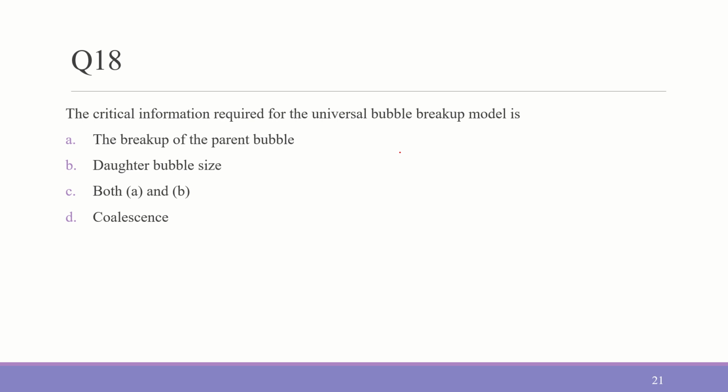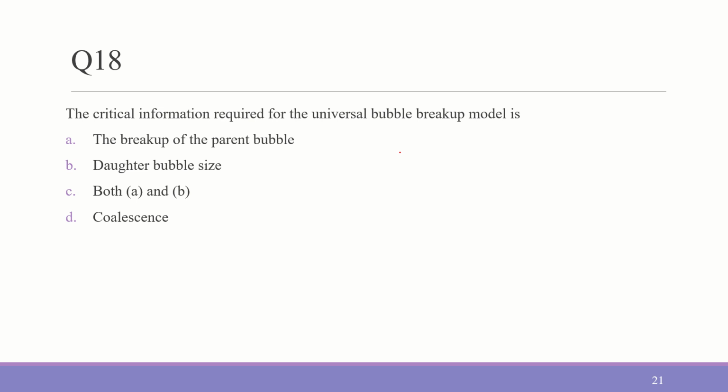So we are saying that the parent bubble gets broken and daughter bubbles form. So what is the critical information required? We require information about the breakup of the parent bubble and also information about the daughter bubble size. What size of daughter bubble has formed is also very important.